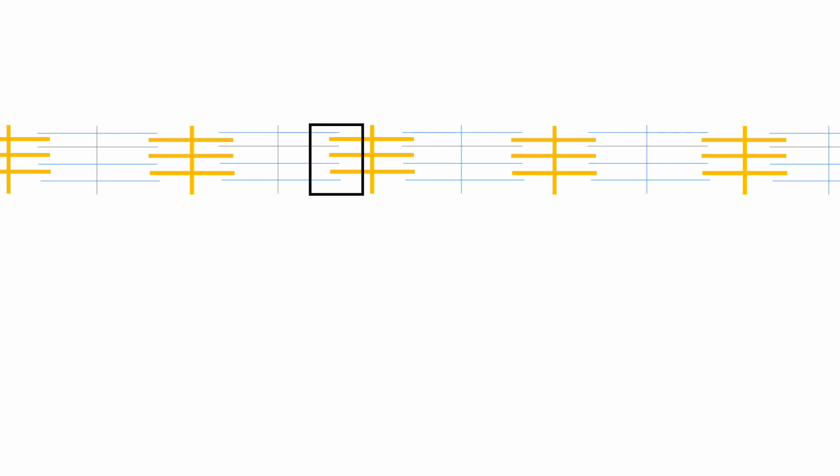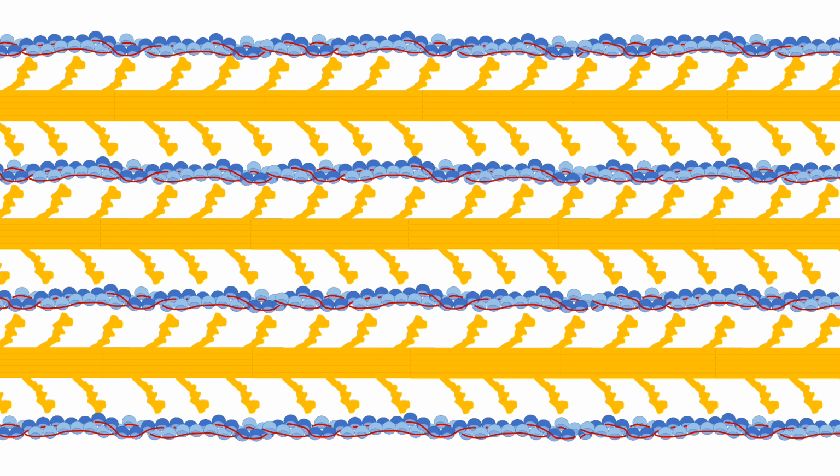So what we're going to do is focus on a region where I've put the black box here. So we're going to focus in on that part. And when we focus in, this is what we'd see. In blue, we've got the actin, and in yellow or orange here, we've got the myosin, and you can see the myosin tail, lots of tails connected, and then lots of myosin heads protruding from those myosin tails.